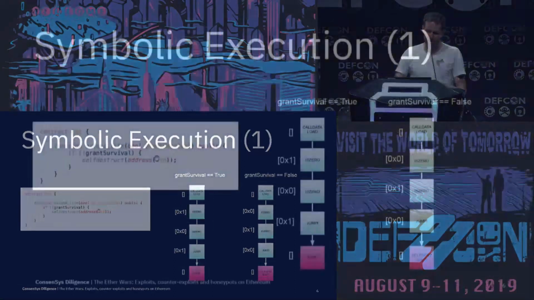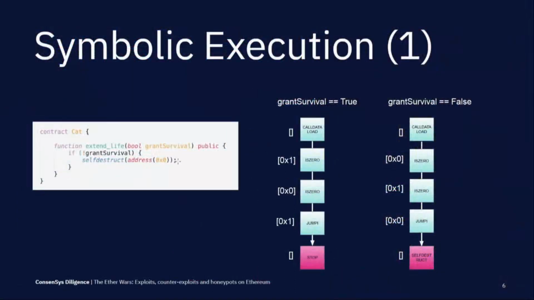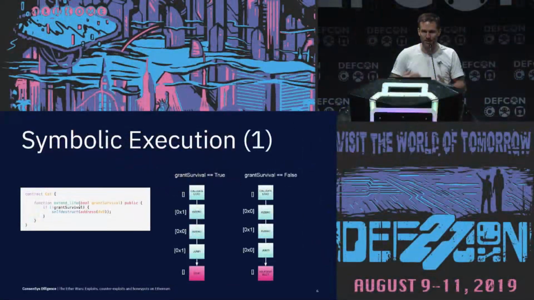It was originally called suicide. So essentially, the contract is going to kill itself. It's going to delete its own code and free its storage and send its remaining balance to an arbitrary address that you specify here. In this case, it's the 0 address.